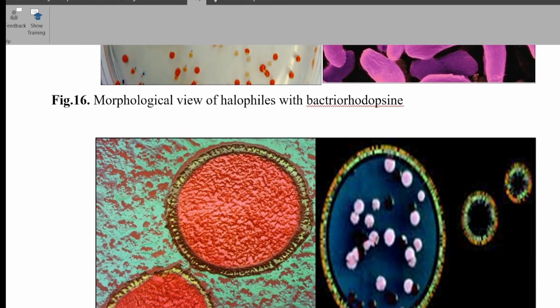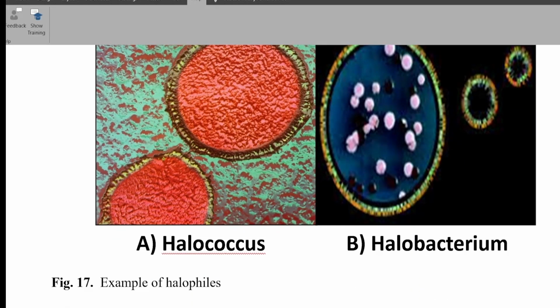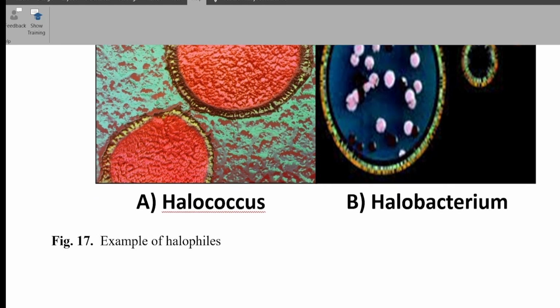In the next figure, you can see Halococcus and Halobacterium, how they appear when cultured in large amounts under the microscope. Halococcus has an orange appearance, and Halobacterium also has unique characters. These are very interesting, and they survive in extreme environments.